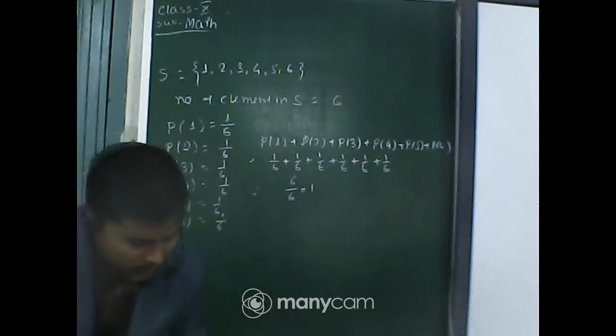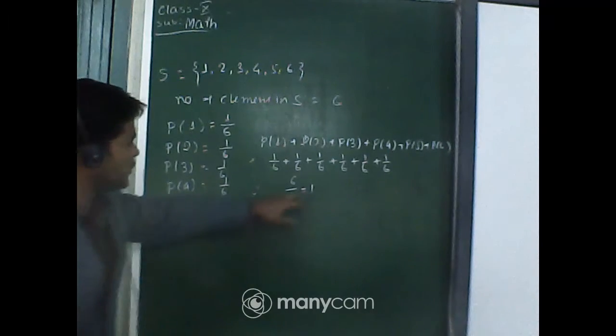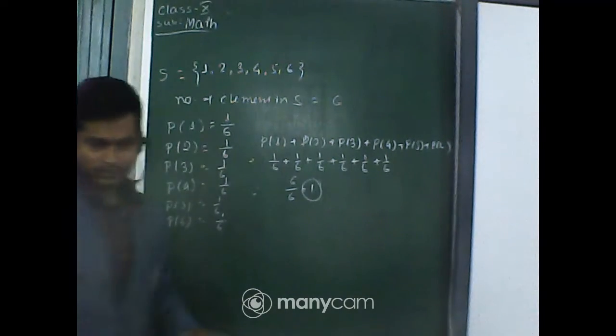That means the sum of the probabilities of all elementary events is always equal to 1.